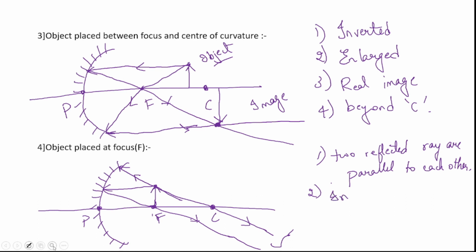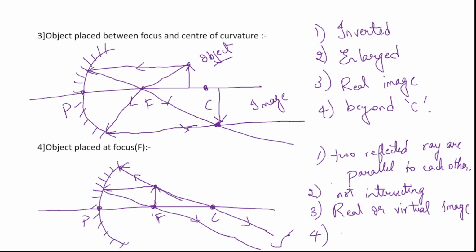They are not meeting. The reflected rays are not meeting at any point, so we cannot say that the image formed is real or virtual. A virtual image cannot be seen on the screen. So in this case, we cannot say that the image is a real image or a virtual image.